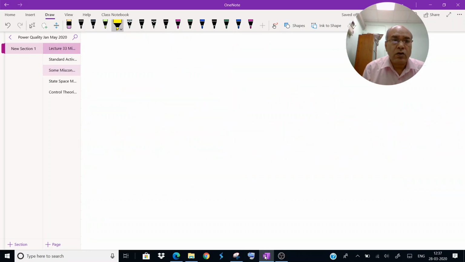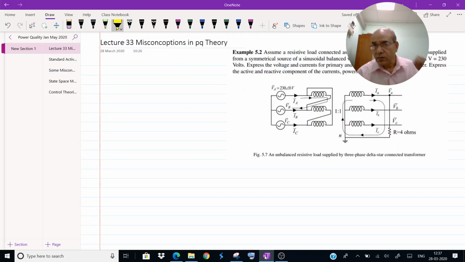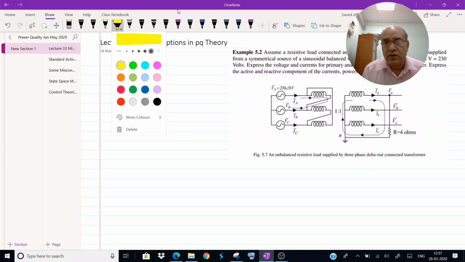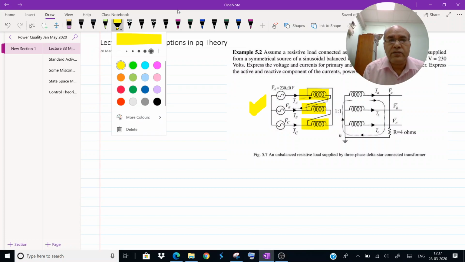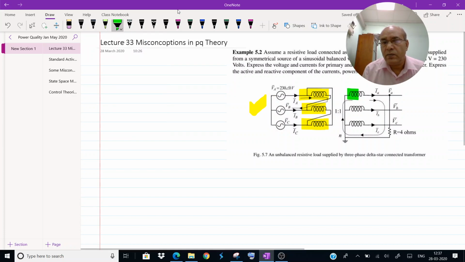Okay, so coming to today's discussion, we have an arrangement where we use a three-phase, three-wire system, and on the primary side we have the delta connected winding, and on the secondary side we have the star connected winding.